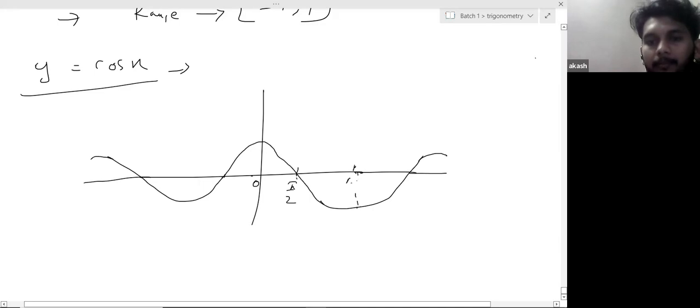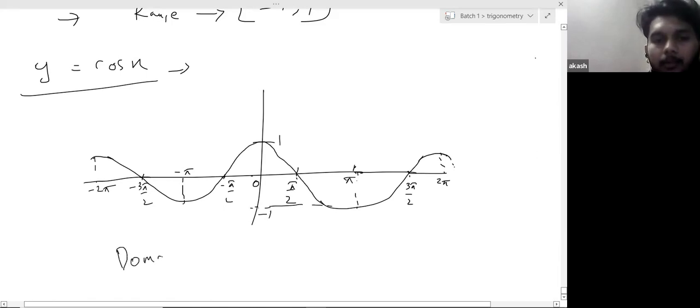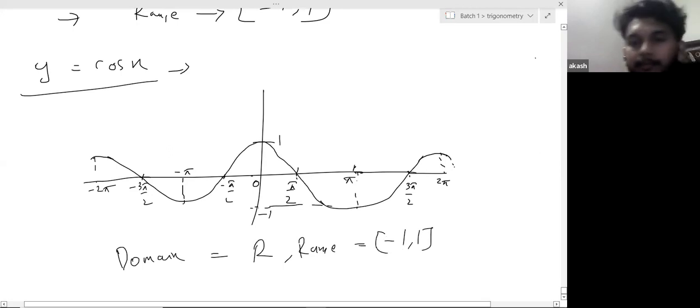This is pi. 3 pi by 2. 2 pi. Same here. Minus pi by 2. Minus pi. Minus 3 pi by 2. And minus 2 pi. This value is 1. This is minus 1. Domain of this is also R. The range is from minus 1 to 1.